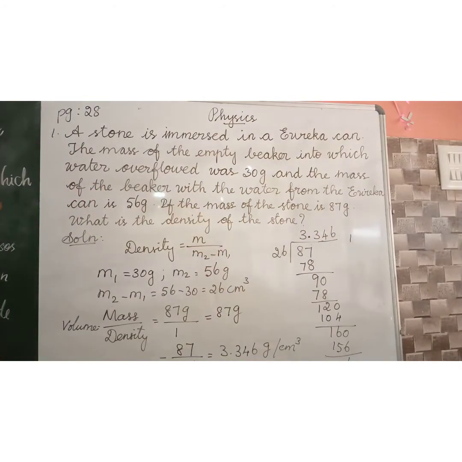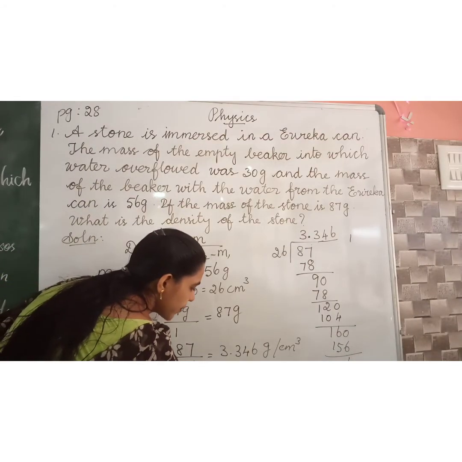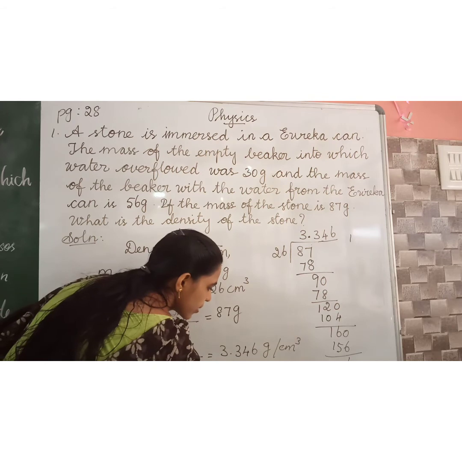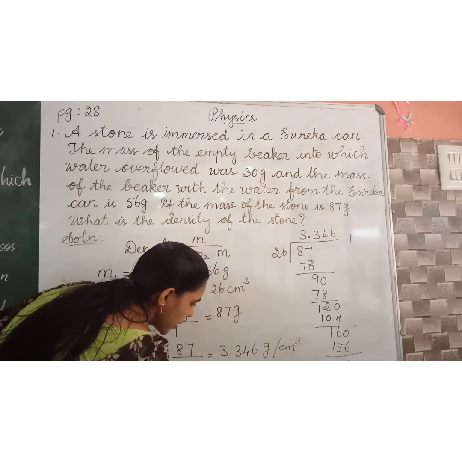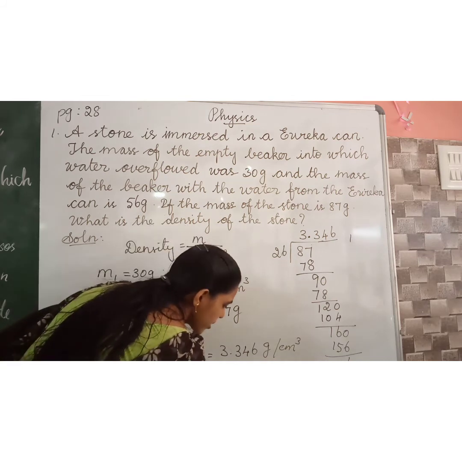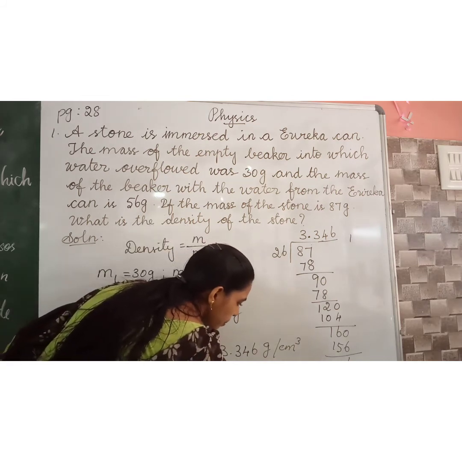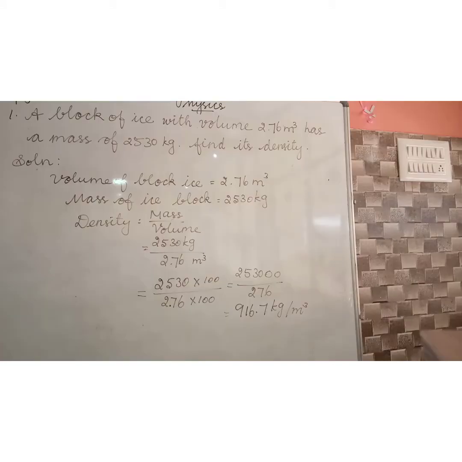When we have to change this gram into kilogram, we have to multiply with 1000. So, 3446 kilogram per meter cube. Okay, children? This is the answer.